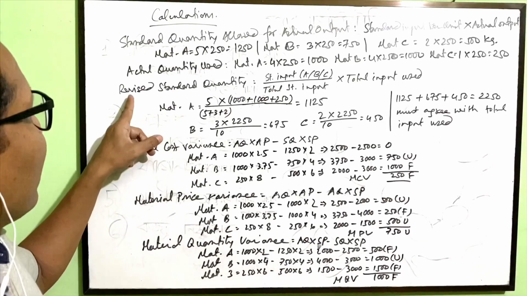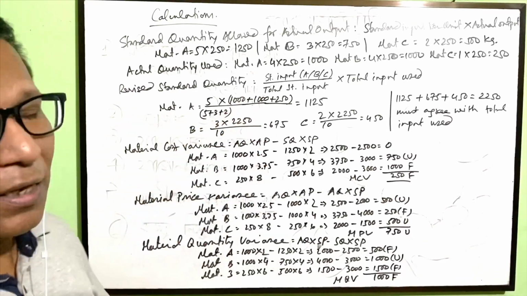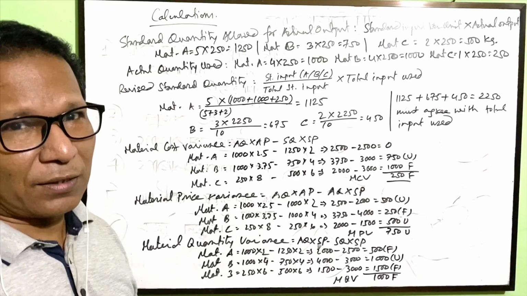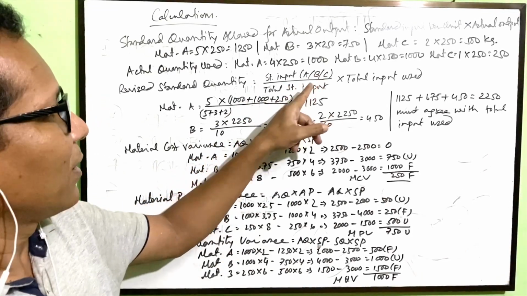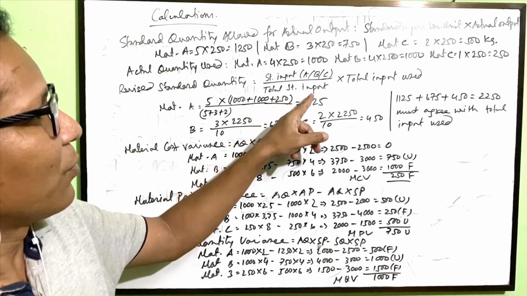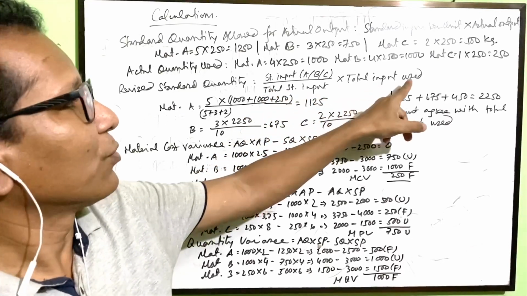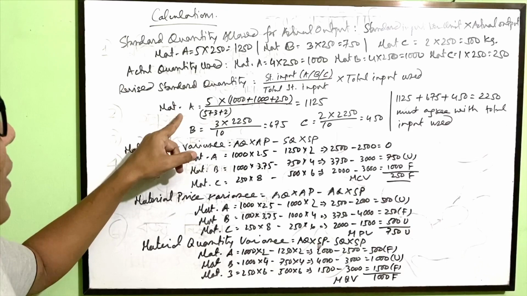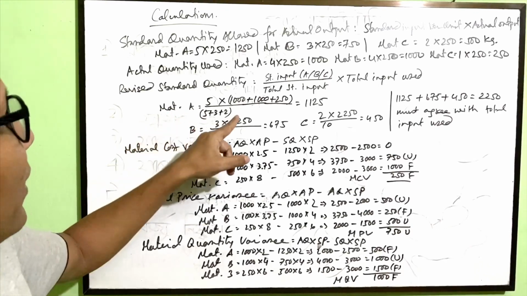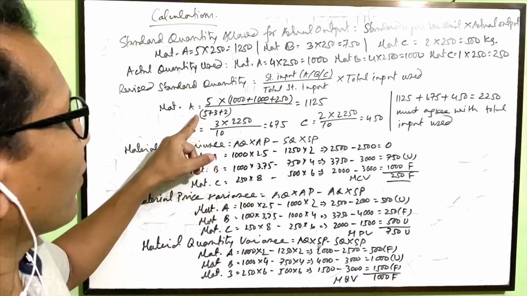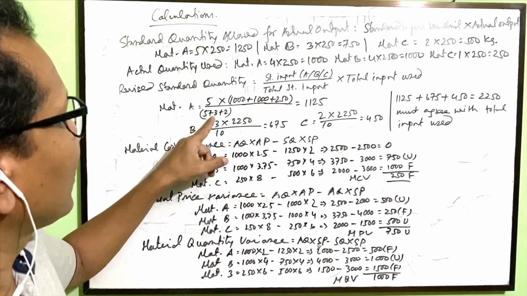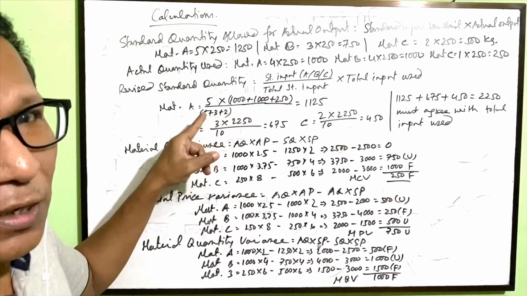Anyway, the revised standard quantity is calculated the same as we did earlier: standard input for A, B and C divided by total standard input, into total input used. For material A, the standard input is 5 kg, for B 3 kg, for C 2 kg, total 10 kg.